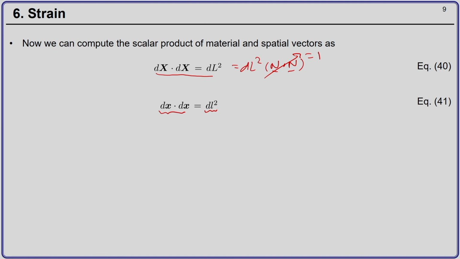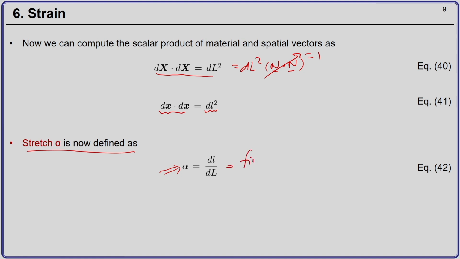Okay. Now, we can define a quantity called stretch. At this point I will introduce this stretch, and we will use the symbol alpha. Stretch is defined as the final length divided by initial length, or final length I can also call current length.